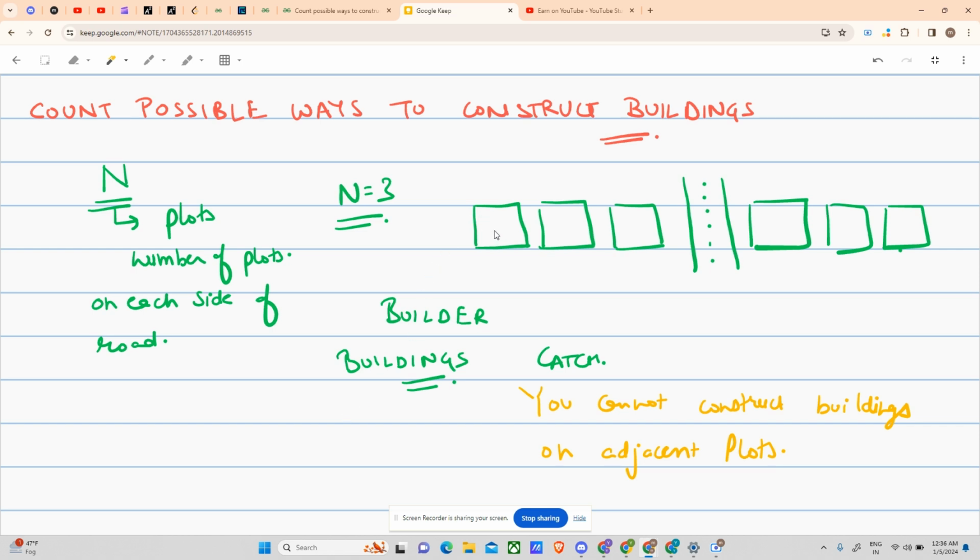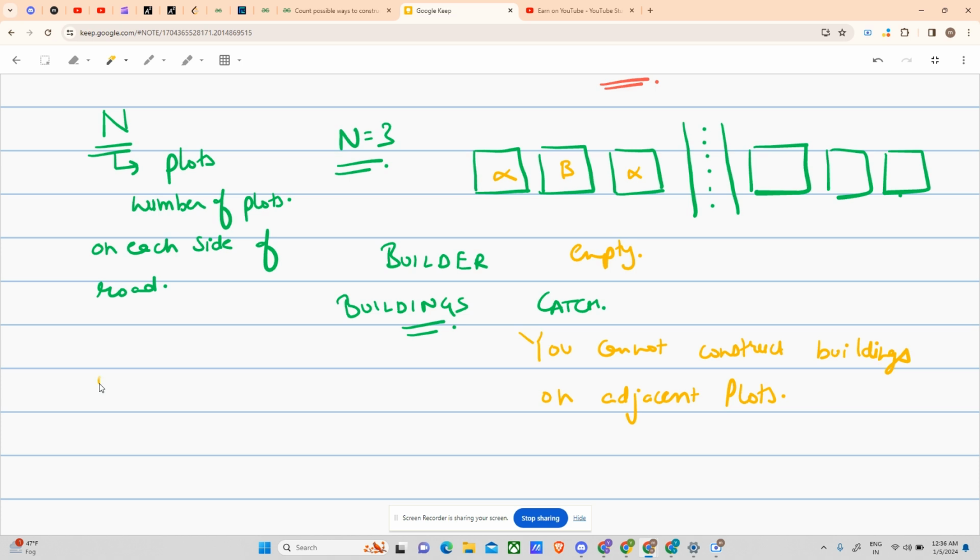That is, suppose if you have a building here, then you cannot have a building here or here. These have to remain empty. You have been asked how many ways are there so that you can construct buildings. That is, how many patterns are there?